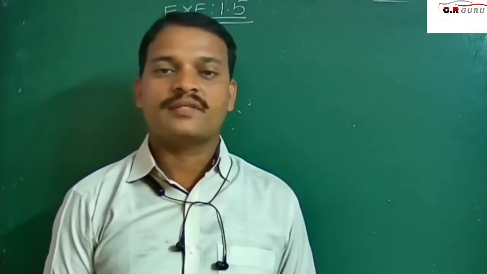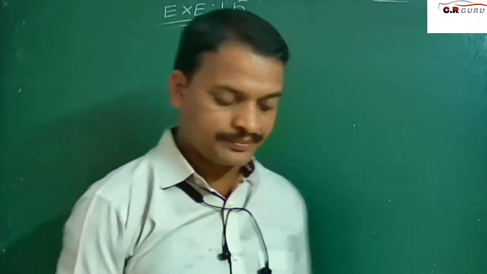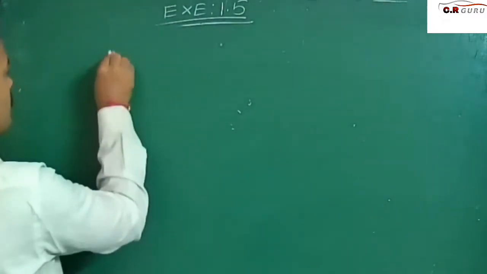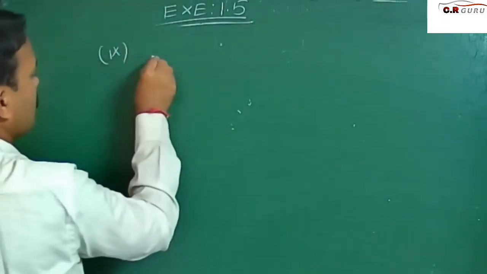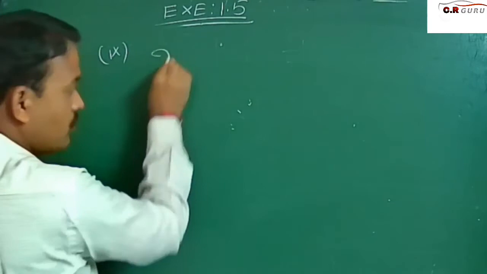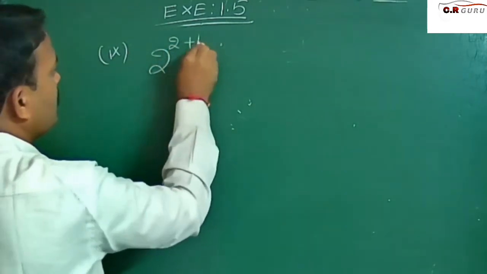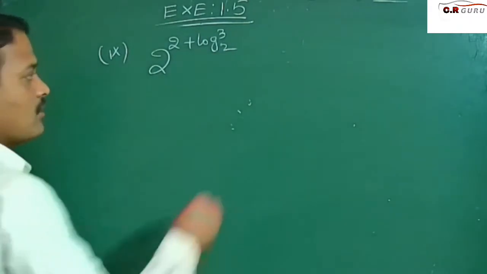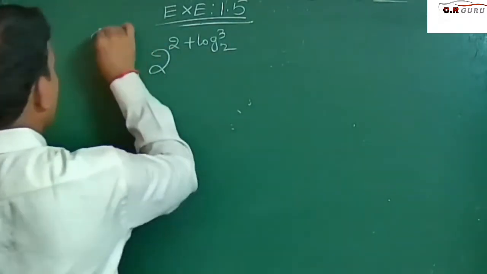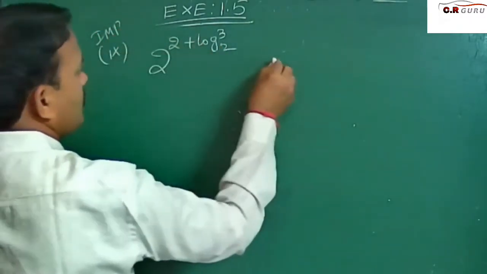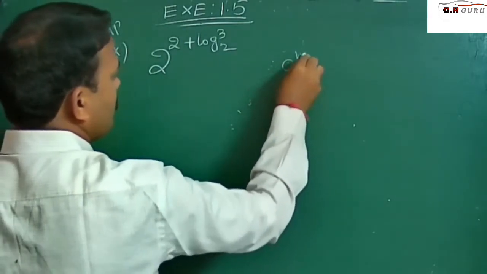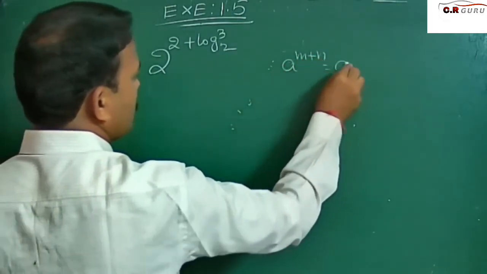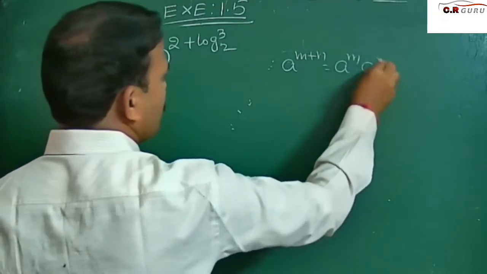Next, the ninth question is 2 to the power of 2 plus log 3 base 2. This is a very important question. Here a to the power of m plus n equals a to the power of m into a to the power of n.